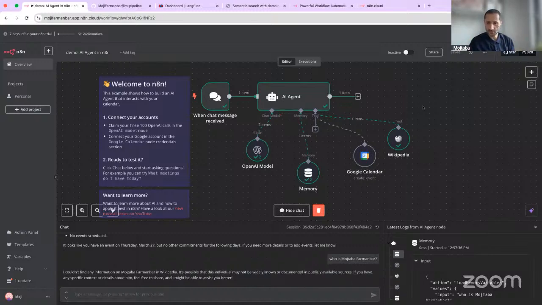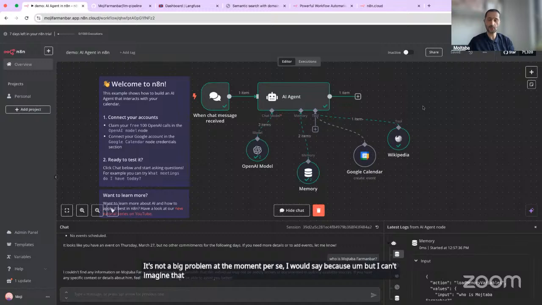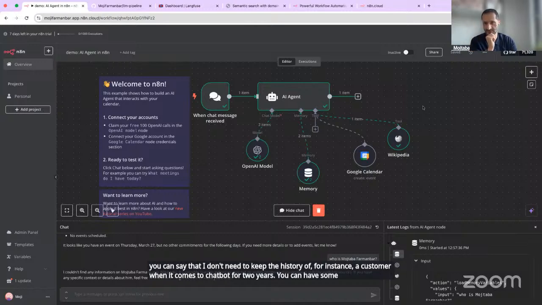It's not a big problem at the moment, per se, but I can imagine it depends on how long a history you want to keep. You can say that I don't need to keep the history of, for instance, a customer of a chatbot for 2 years. You can have some sort of cutoff point for that.